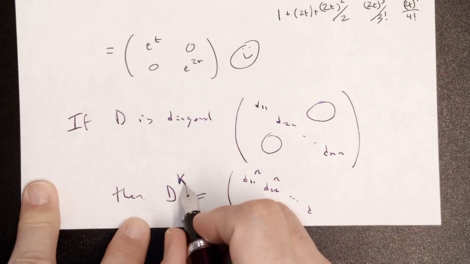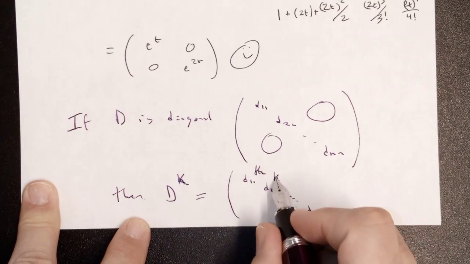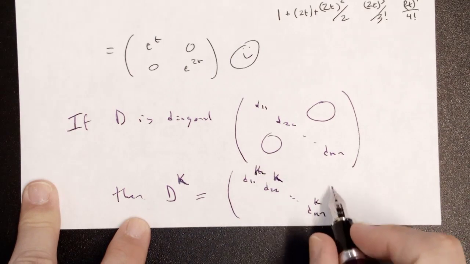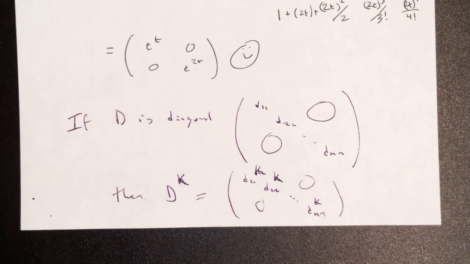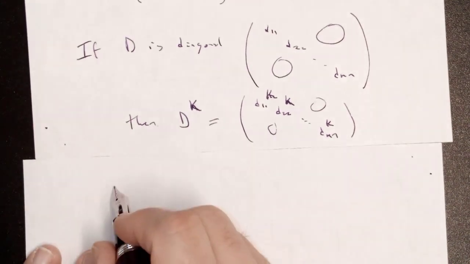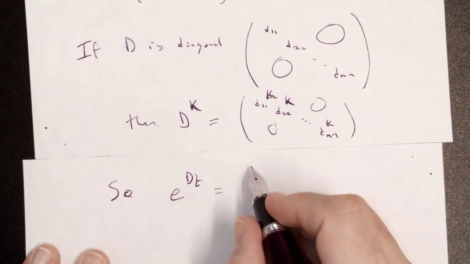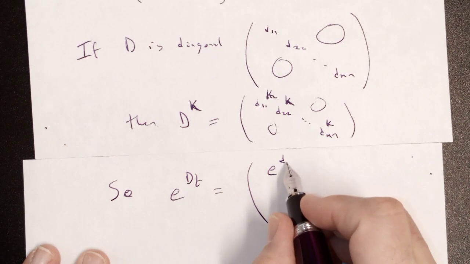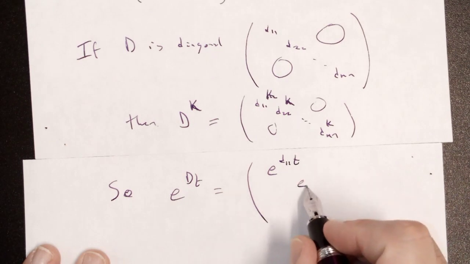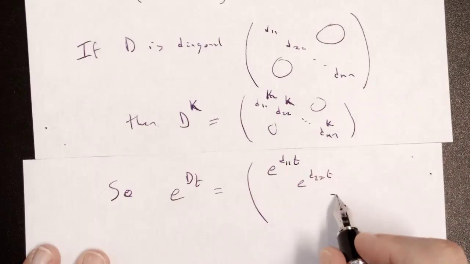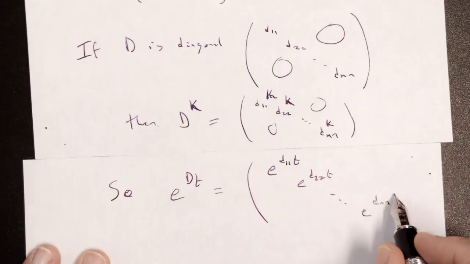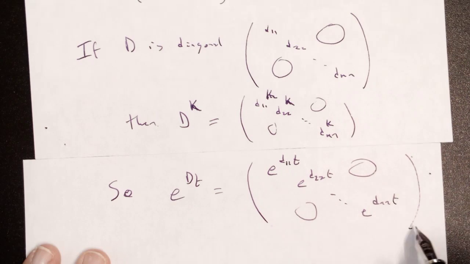Let me make this a k since I'm already using n. And that means that with a diagonal matrix, e to the Dt is e to the d1 t, e to the d2 t, through e to the dn t, but only when my matrix is diagonal.